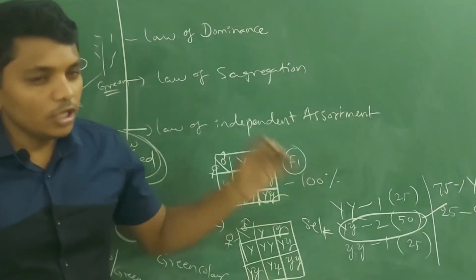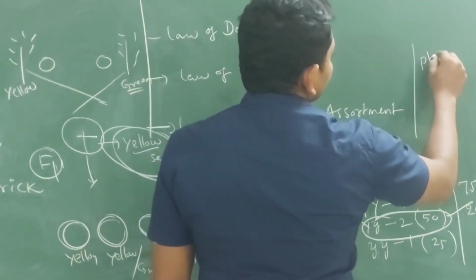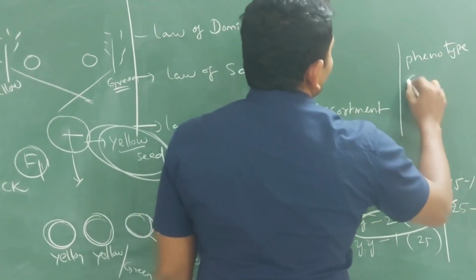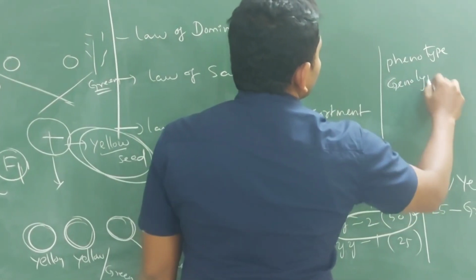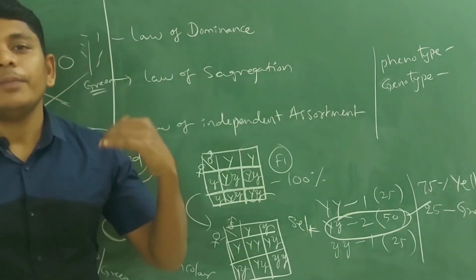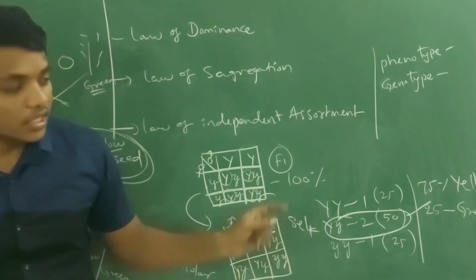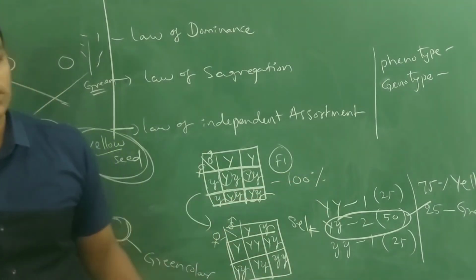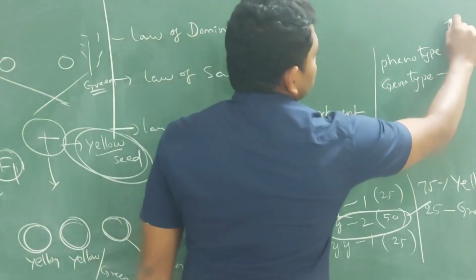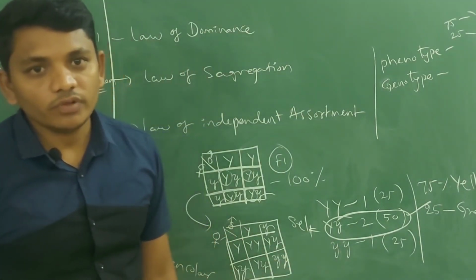So let us discuss phenotype and genotype. Phenotype is nothing but the appearing characters. In this we can see 75% yellow and only 25% greenish.